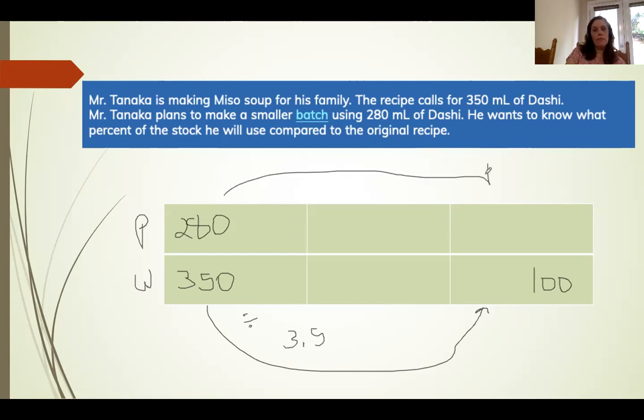What I do on the bottom, I have to do on top. So I have to divide by 3.5. So my handy dandy calculator here. 280 divided by 3.5 is going to get me 80. Again, percent is out of 100, so my answer is going to be 80%.